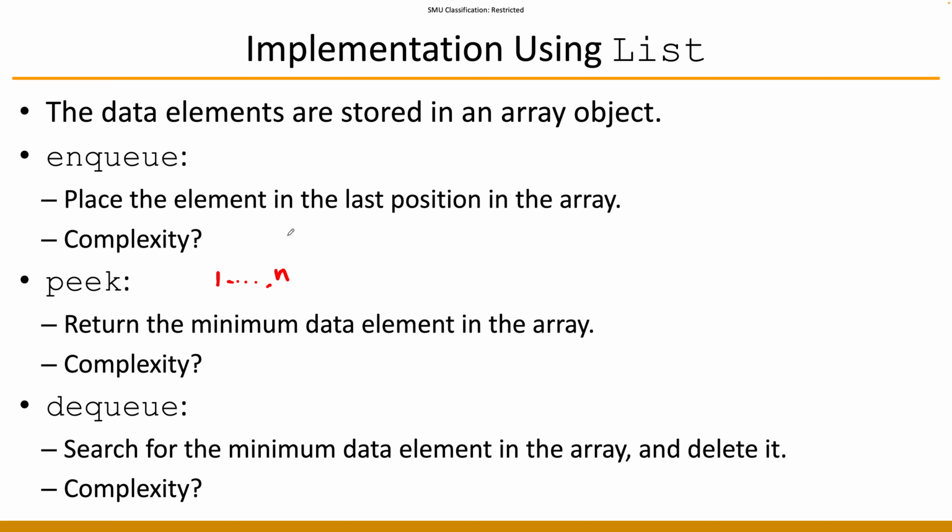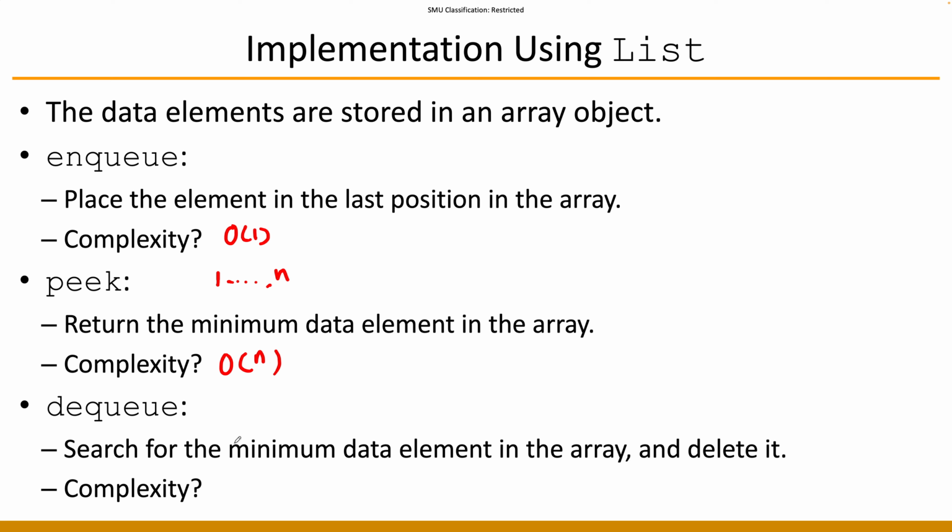So your enqueue operation, although it saves time, doesn't allow you to construct a list of items that follow a specific order. So your peek, if you do it in a very naive manner, you're going to look through each and every element, so your complexity will potentially be O(n).